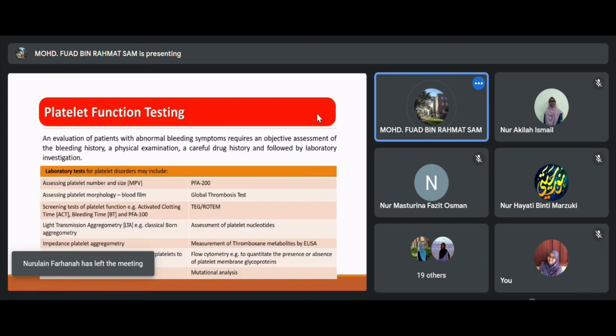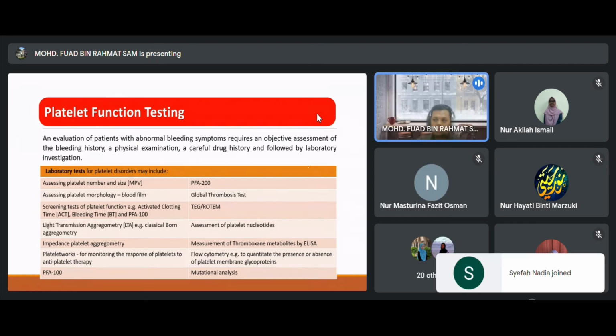All right. So we've done with the PT, APTT, TT, fibrinogen assay. Now we go to the last part, which is the platelet function testing.